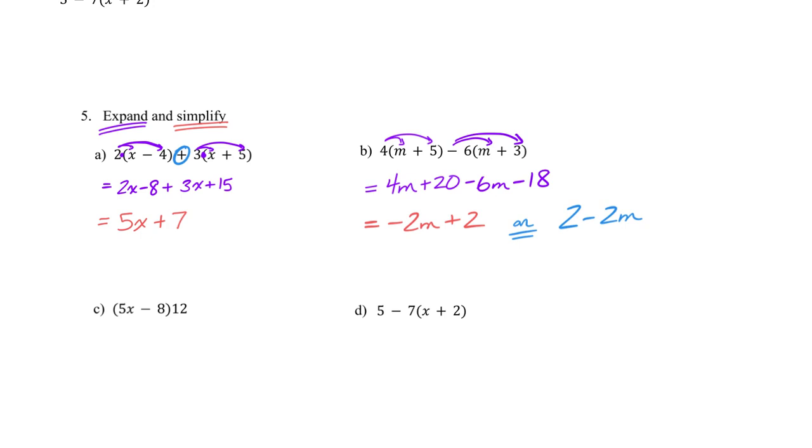That's why the blue would be considered more simplified. So I want you to practice that right now: if you have a variable term that's negative, don't write it first. If you change the order, you could write down fewer operations. Okay, we'll see that in practice, and we'll get extra practice with it.